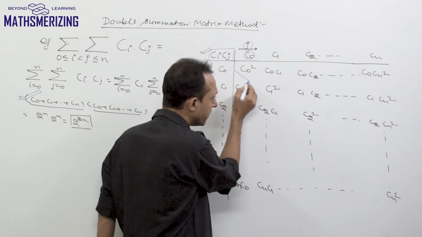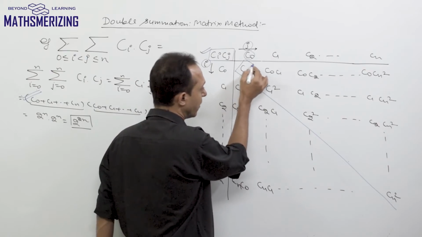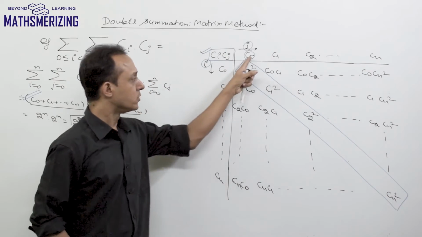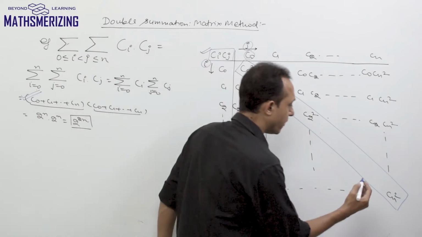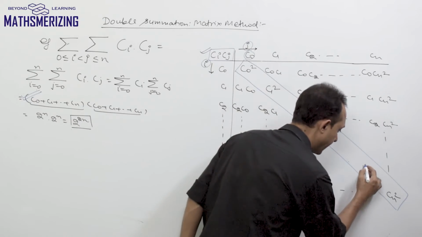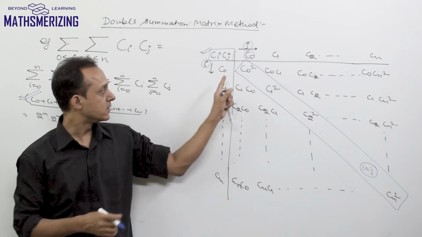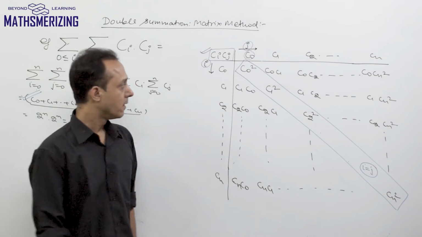Now let us look at terms in this principal diagonal. For all these terms in the principal diagonal, it is C0 into C0, C1 into C1, C2 into C2. So for all the elements in the principal diagonal, the value of i is same as value of j. So it is C0 C0, C1 C1 and Cn Cn.